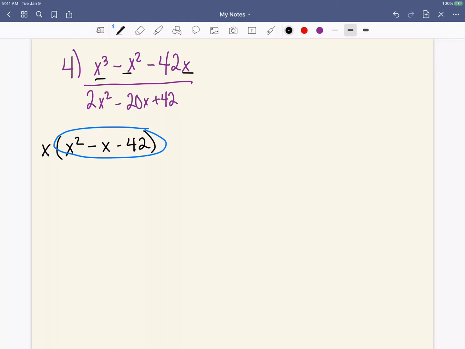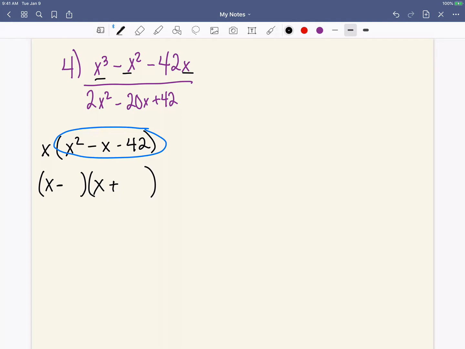So again, if you know the shortcut, they're both going to have an x. Then I bring down the first one, minus, and a minus is a positive.